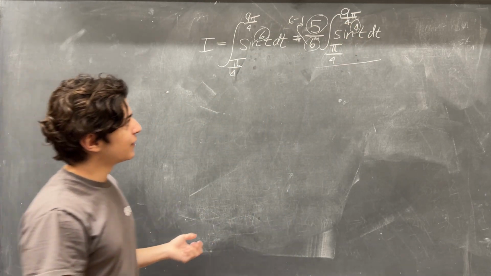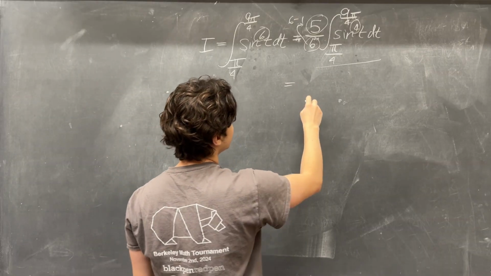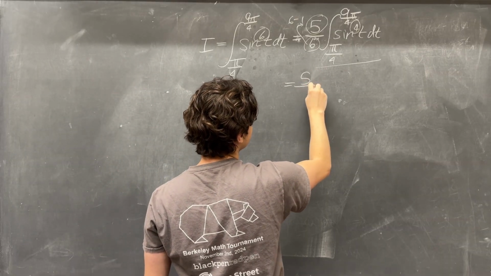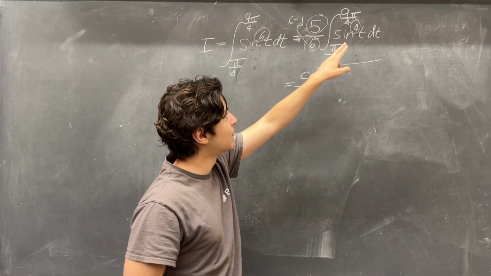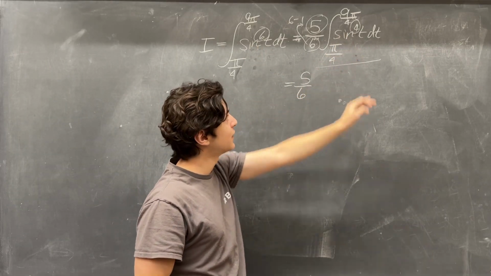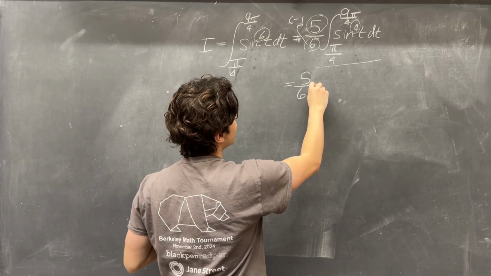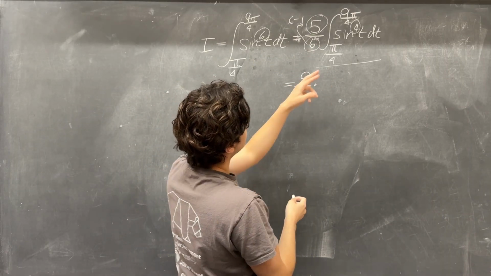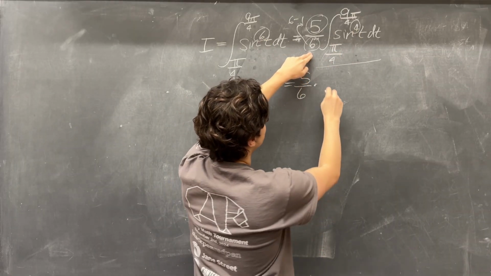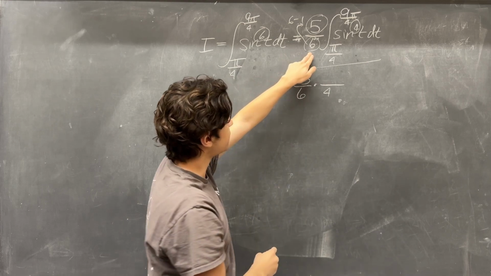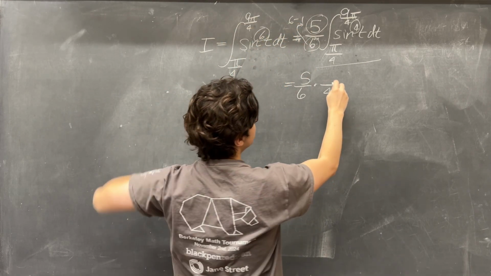Which means that, let's see what happens if we do this again. So we get that this is equal to 5/6, and then if we repeat the same calculation that we did to get from here to here, but with sine to the fourth t dt, then according to this pattern right here, we'll get that this must be equal to, well, in this case we have a 4, and since the 6 corresponds to the denominator, we'll have the denominator of 4, and then the 5 corresponds to 6 minus 1, so the numerator will be 3.